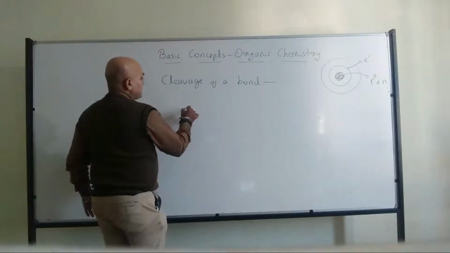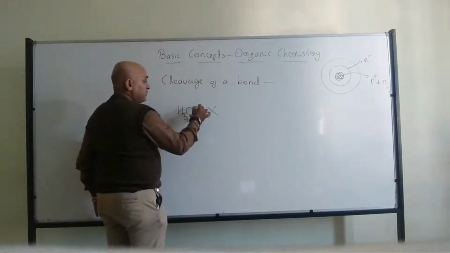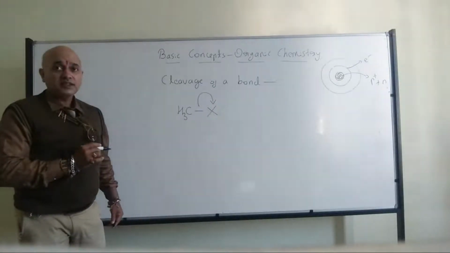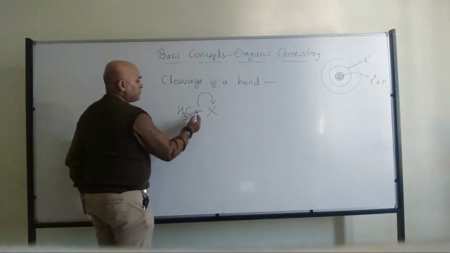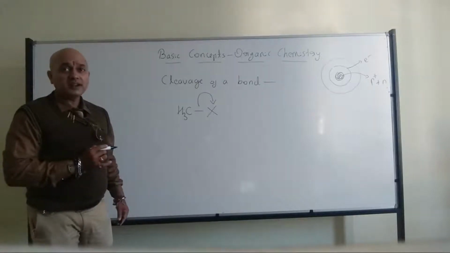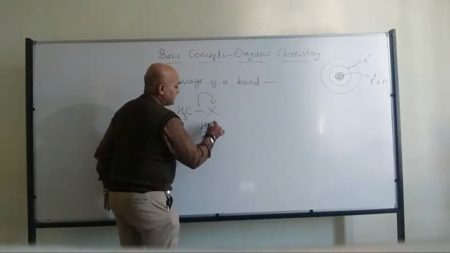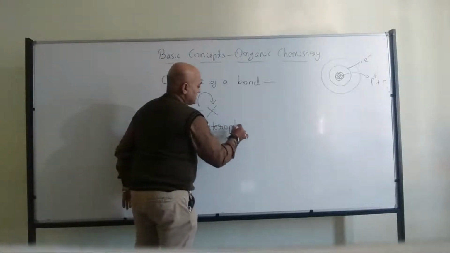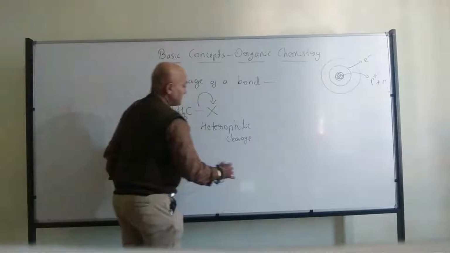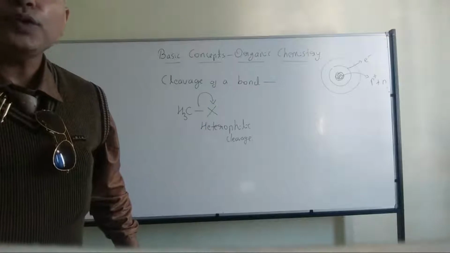Whenever this type of reaction happens, where both the electrons of the covalent bond are taken by one element of that particular bond partners, then it is called heterolytic cleavage. So that's where we have one type of bond cleavage.